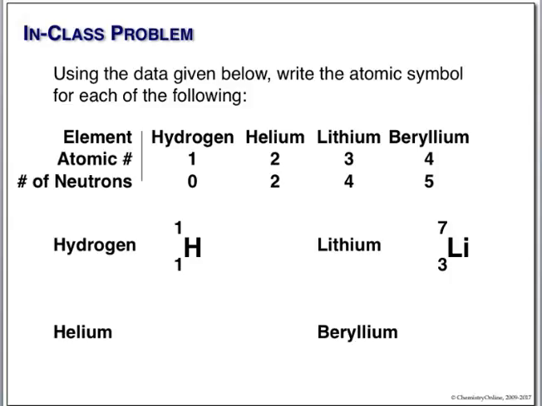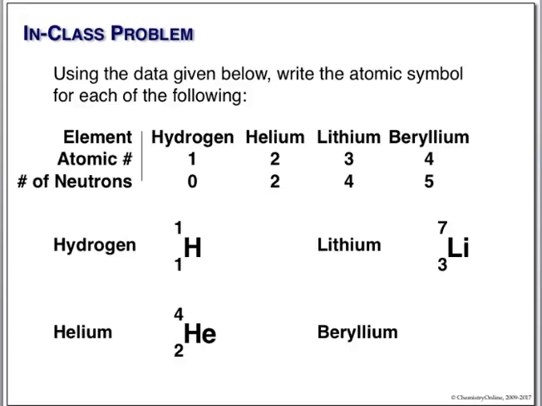So that's our mass number. 2 protons in the nucleus, and we write it this way. Beryllium is a 4 and a 5.